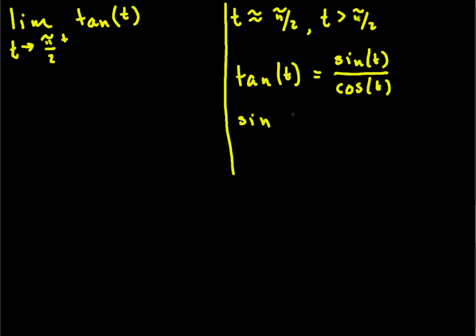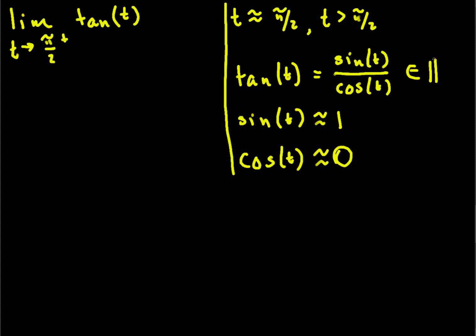Sine of t, if we're close to pi over 2, is infinitely close to 1, so the top is finite. However, the bottom is infinitely close to 0, so it is an infinitesimal. A finite number divided by an infinitesimal is an infinite number. So I know right off the bat that it's infinite.